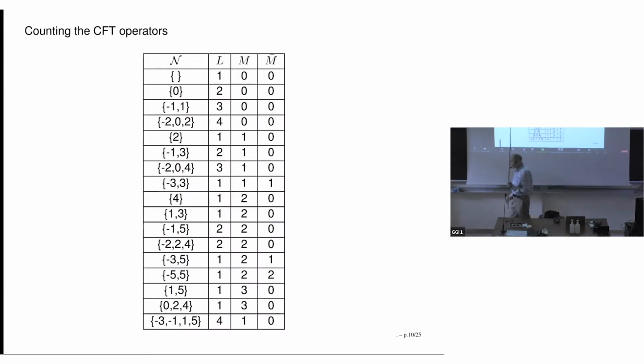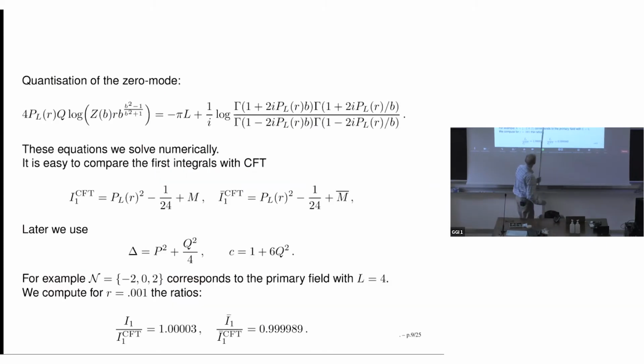So here's the table. I want now to identify, so let's go here. I have descendants in the conformal field theory, some Virasoro descendants, and so here are energy and momentum.